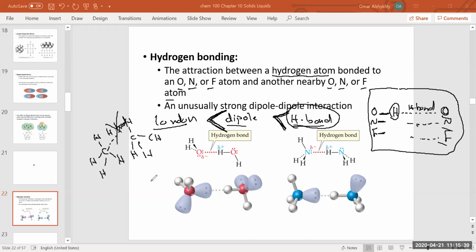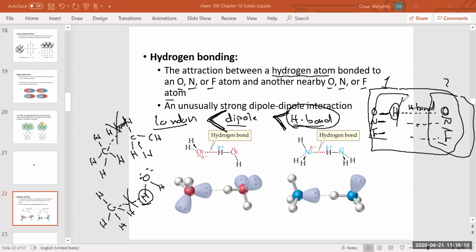Now, is there any hydrogen bond between hydrogen in the water and methane, CH4? Can, for example, this hydrogen form a hydrogen bond here? No. This hydrogen is correctly bonded to oxygen, so we have this situation. That's correct. But we don't have the second condition, which is the hydrogen bonding with oxygen, nitrogen, or fluorine.